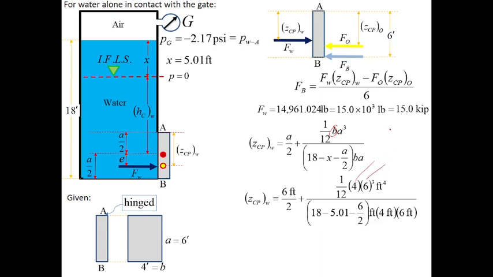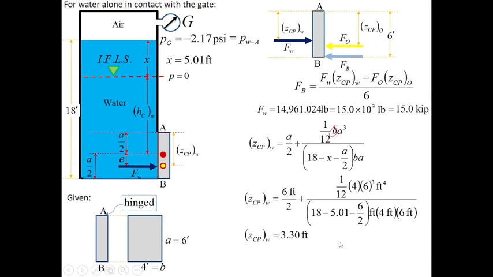So feet and feet cubed, no? Feet to the fourth. Okay, kasi feet cube times feet is feet to the fourth. Okay. So yan ang unit ng moment of inertia. Naka-raise siya to the fourth power. No? All over 18 minus 5.01 minus 6 over 2 feet. B is 4 feet. A is 6 feet. Okay, and we will obtain an answer of 3.30 feet.